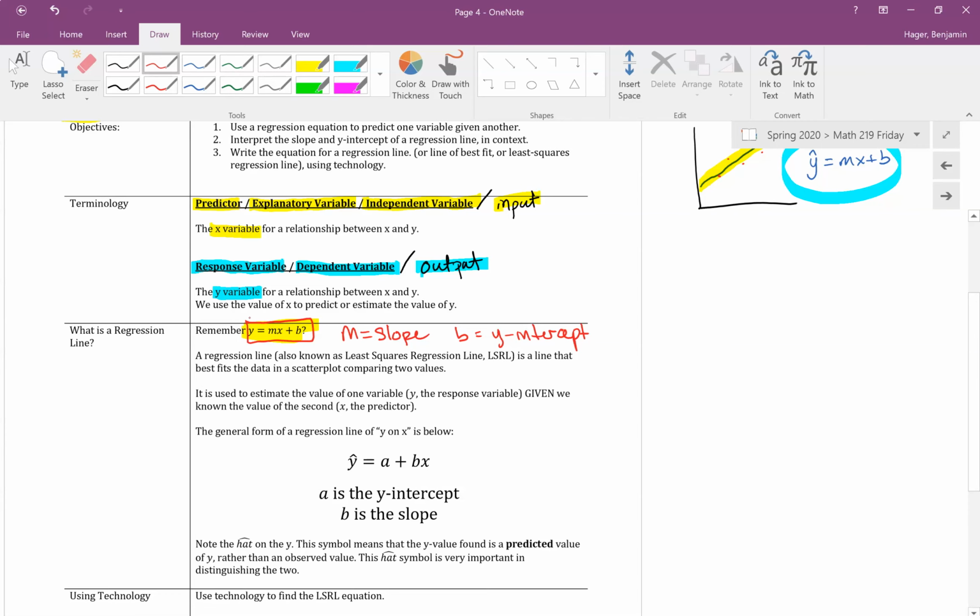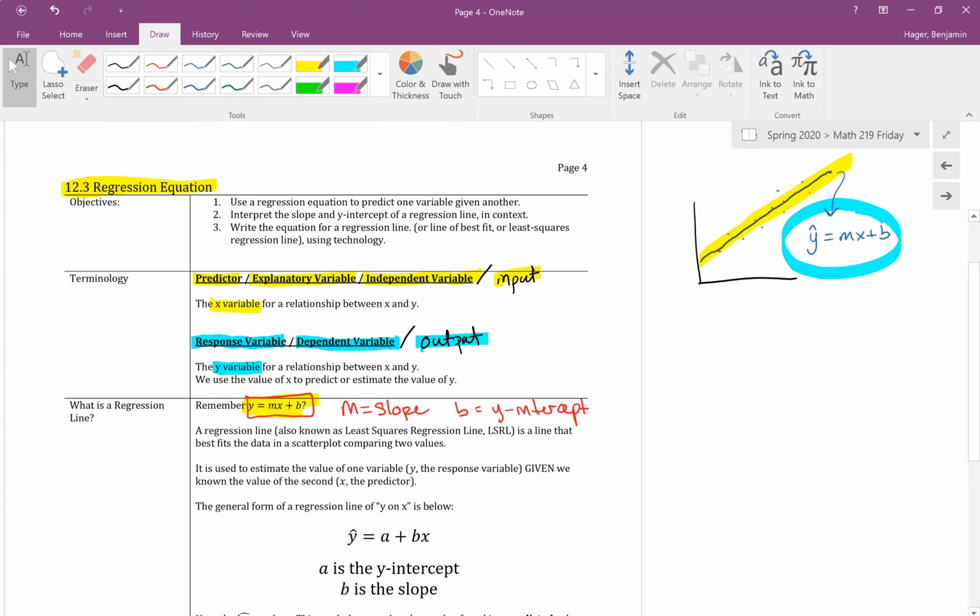Now, what we are going to do is, again, let the computer do the tedious work. It tries to place the line so that it minimizes all these distances. So it makes every point as close as it could get to the line. It's going to move the line up and down and adjust the slope until it can find that best fit.